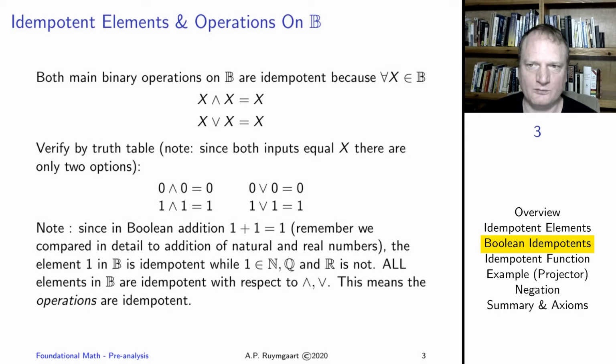We had shown in detail before that in Boolean addition 1 plus 1 equals 1, while on natural numbers 1 plus 1 equals 2. It's that subtle difference that allows idempotence of all the elements in the set for both the AND and OR operation. So in the Boolean domain we have the interesting concept of an idempotent algebra, where both the main binary operations are idempotent with respect to all elements in the domain.